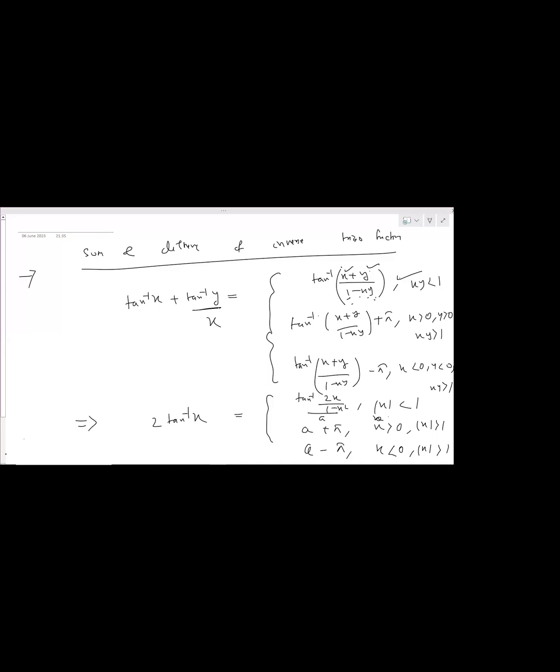Sir, what is the A? A is tan inverse of 2x upon 1 minus x square. This value I assumed as A, rather than writing again and again, as there was less space.